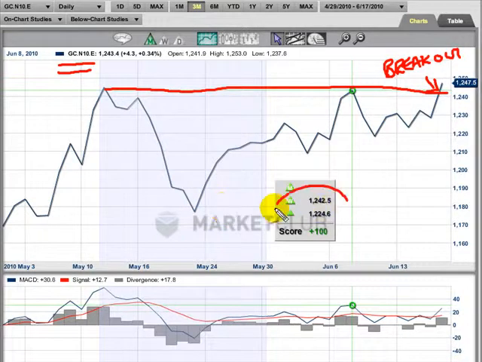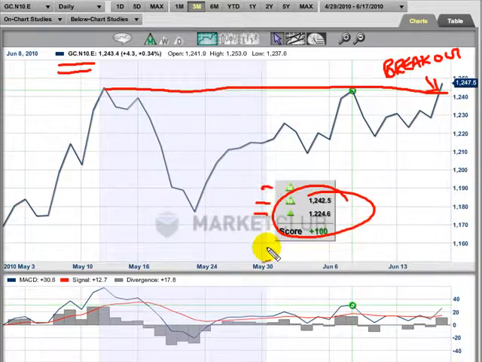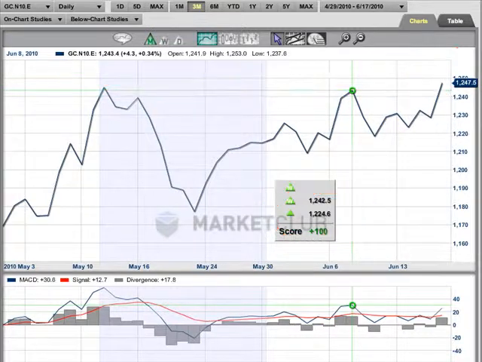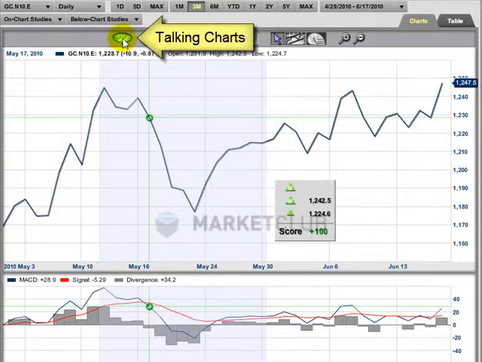As you can see, we have a 100% reading. All of our indicators are positive and look like they want to go still higher. And I think that's the key thing. The other thing you can always do with MarketClub, let me just take everything off the screen for a second and show you this, is talking chart technology. Just click here.